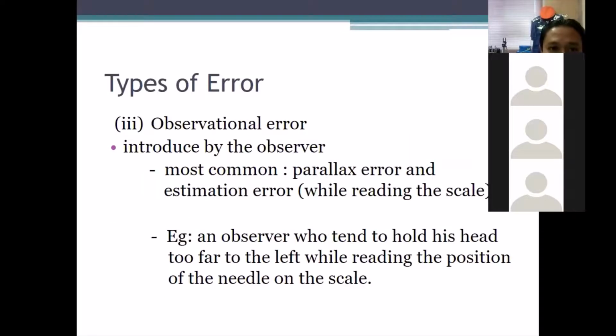And then observation error. Observation error is based on the observer, based on the human actually. Sometimes we call it parallax error and estimation error, when reading the scale.